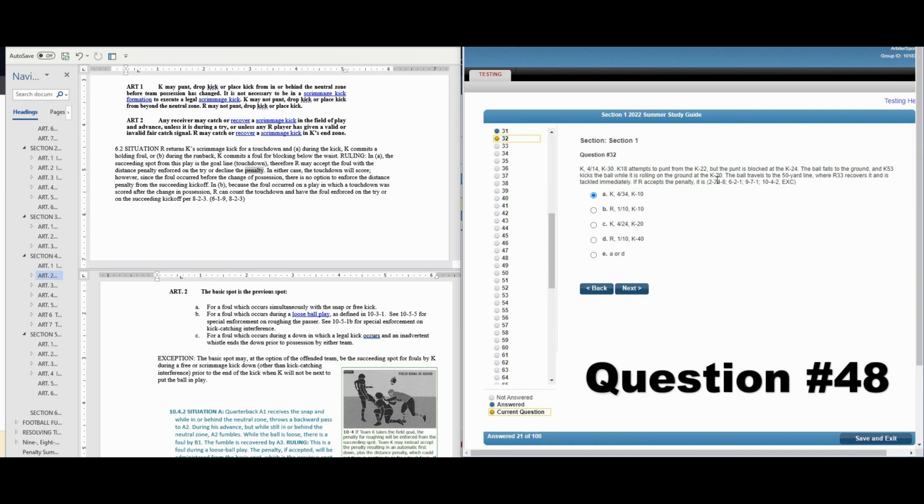So the spot of the foul was K20, so we got a 10-yard penalty. We're going to take it to the K10. Or they can keep the ball and enforce the 10-yard penalty from the end of the run, which is the K50, and it would be R's ball, 1st and 10 at the K40. So the answer is E, A, or D.